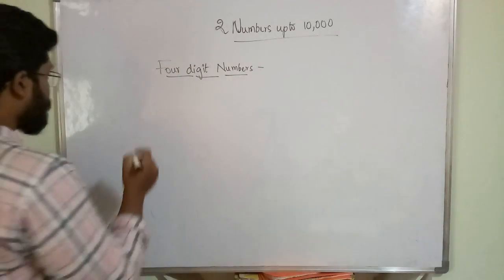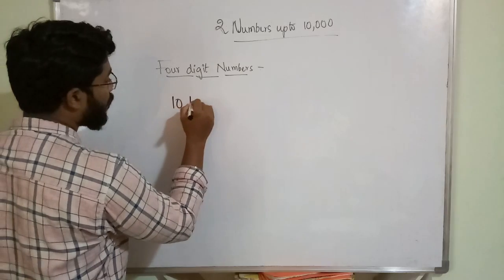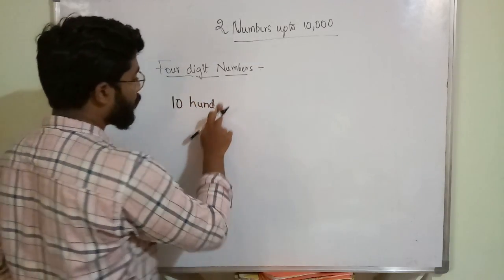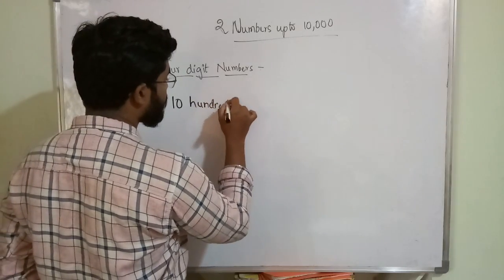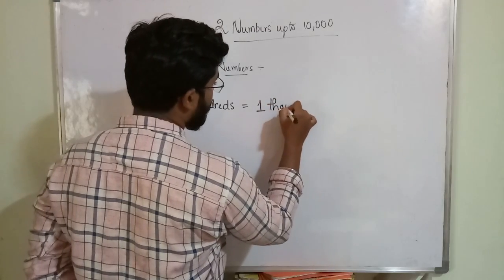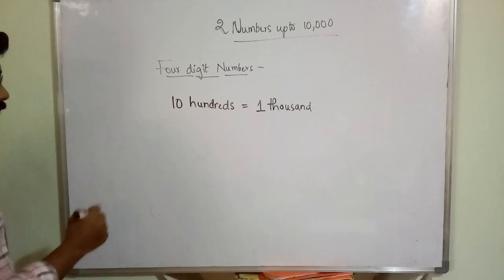Okay, so the statement is 10 hundreds equal to 1000.